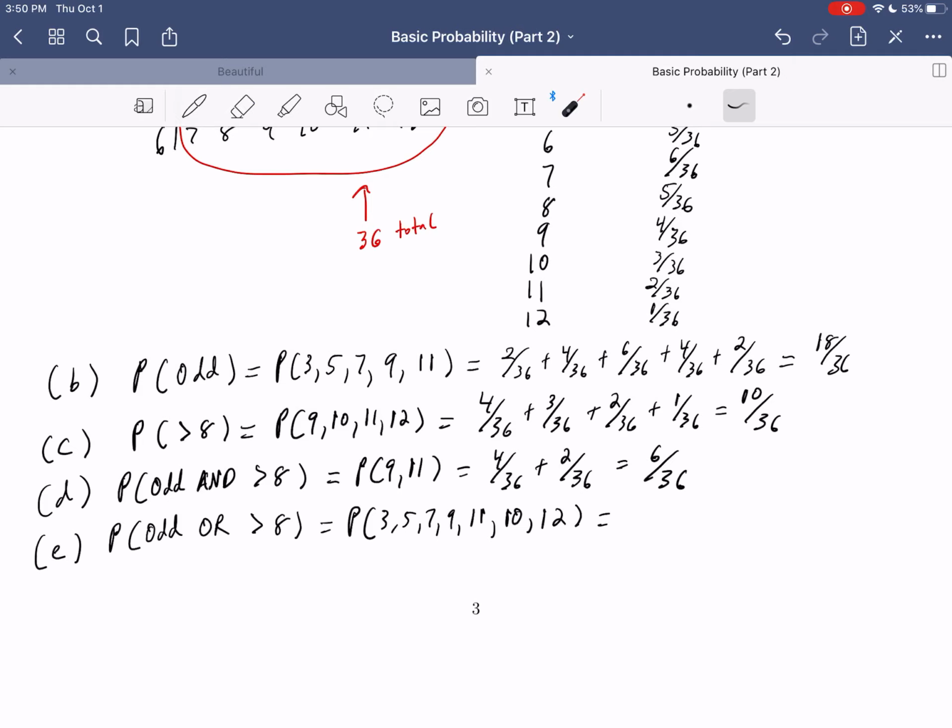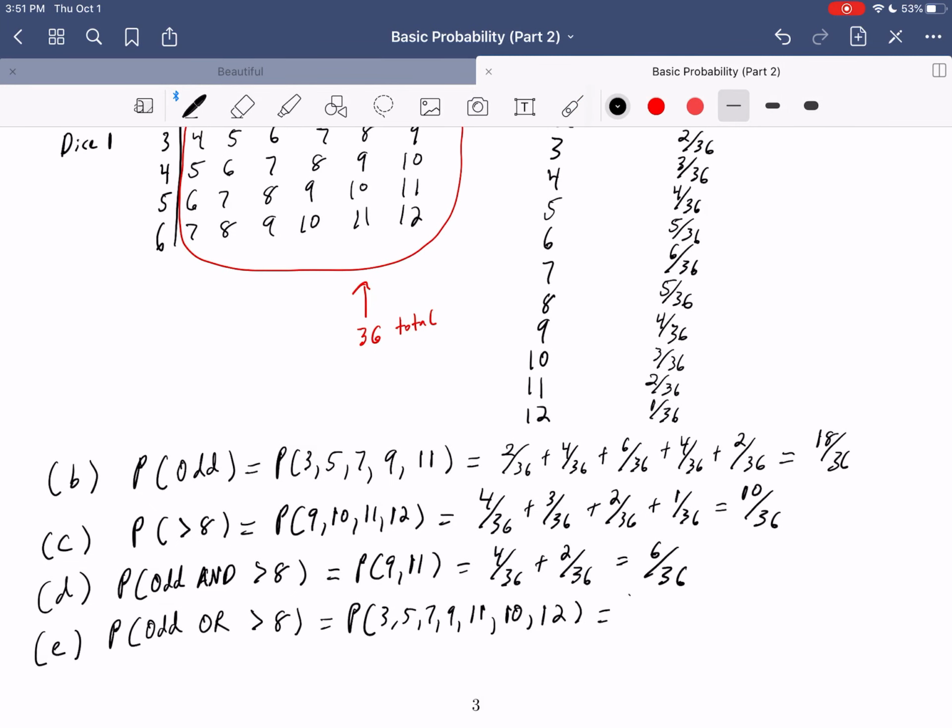Notice, though, that I was careful not to double count. I didn't list things like 9 and 11 twice because they were odd and they were greater than 8. So we have to be careful about double counting. That's something we encountered when we were doing conditional analysis as well. For now, though, we can go ahead and put all this stuff together. So that would be 2 out of 36 plus 4 out of 36 plus 6 out of 36 plus 4 out of 36 plus 2 out of 36.